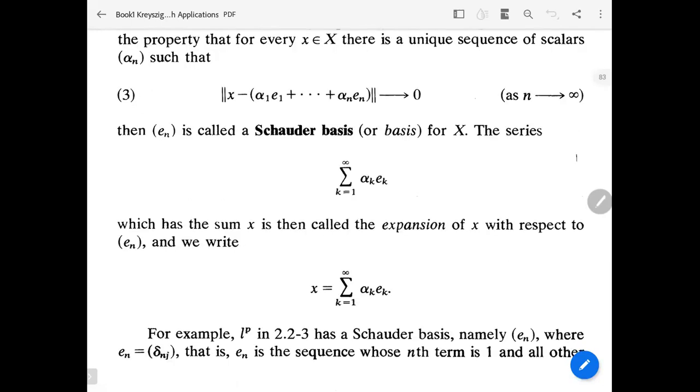So in that case, we can represent x as a linear combination of the basis vectors, the Schauder basis vectors e1, e2, up to en. These bases are called Schauder bases. So you can represent a vector in the normed space as a linear combination of the Schauder basis vectors.